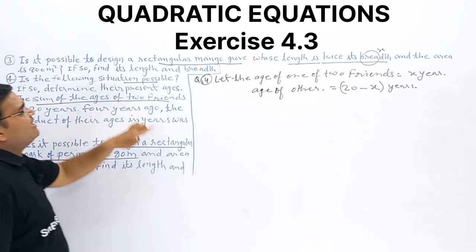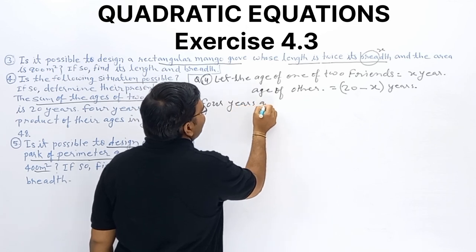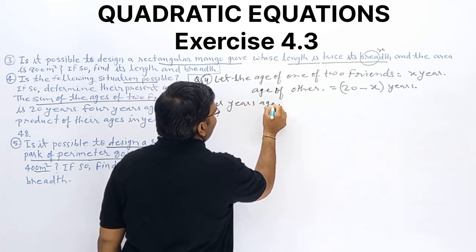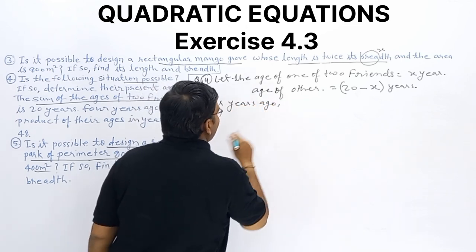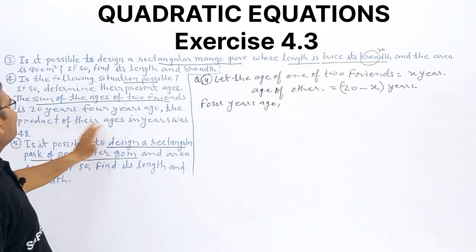Now this one, 4 years ago, right? 4 years ago, not age, ago. 4 years ago, the product of their ages.